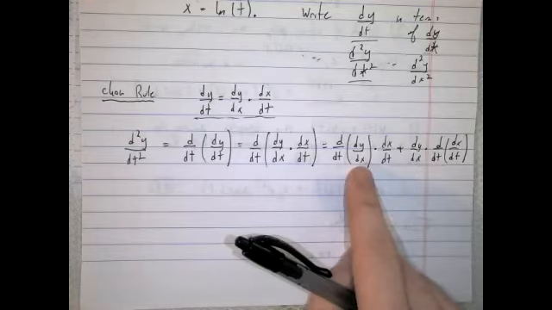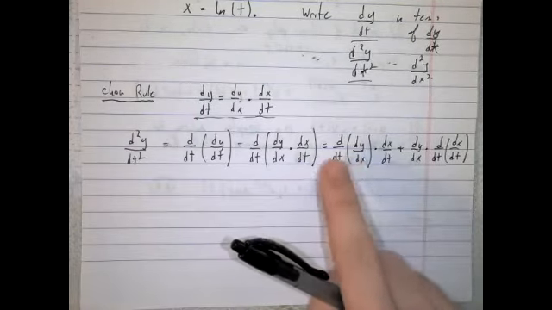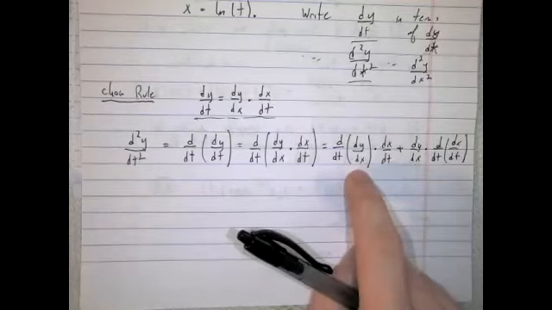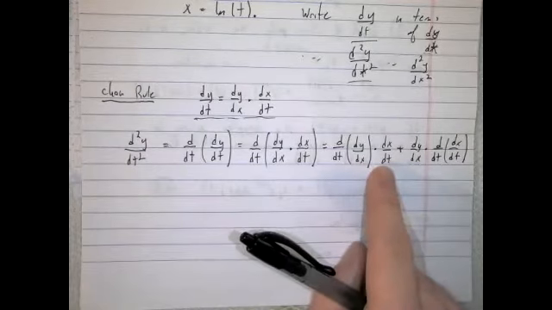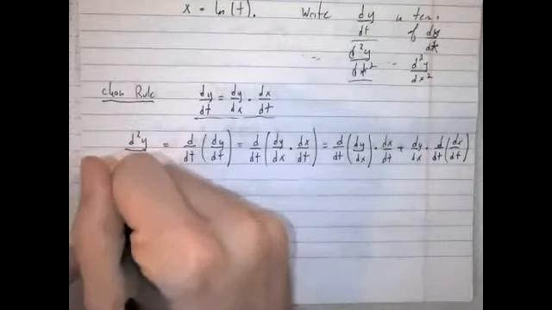This should be the chain rule again, right? This is a function of x. X is a function of t. How do I take the t derivative of this function of x? Well, first you take the x derivative of this function times the dependence of x on t. Chain rule again.